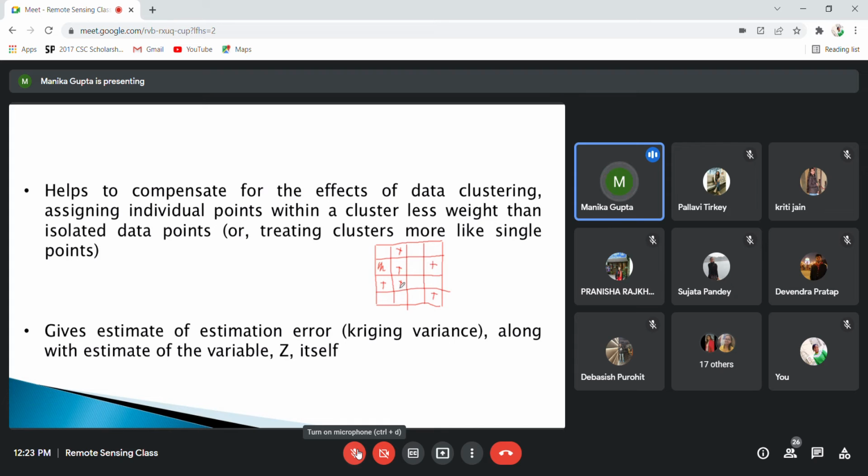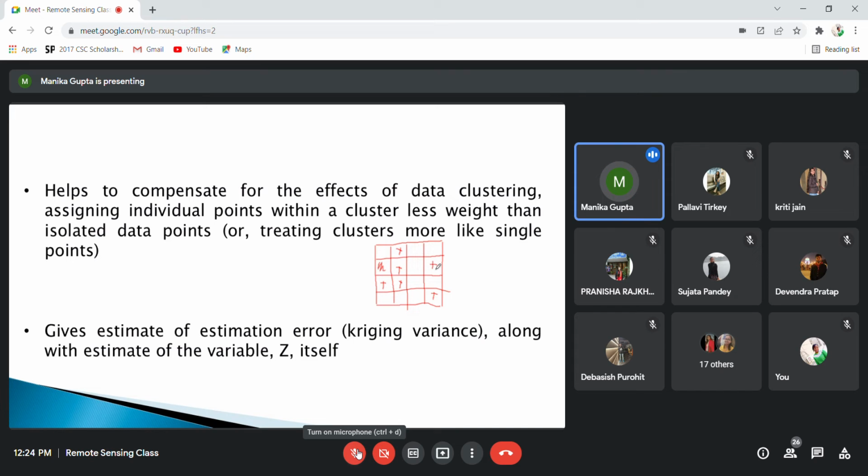So now what is happening? The logic in IDW would be, for this point we will treat all these 4 points separately, even though they are nearer to this point and all are in a cluster here, and these two again separately. So you'll have a value based on all these points individually along with these points.